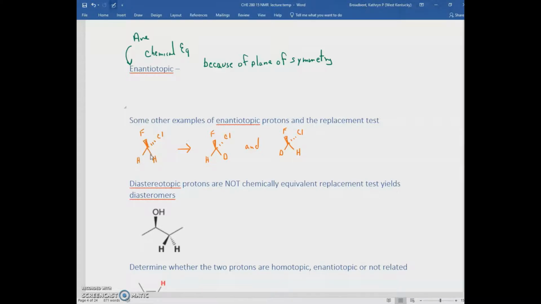And that's because we can draw a plane. There is a plane of symmetry here. They're not homotopic because you can't rotate one into the other, but these are enantiomers. They're reflectional. If you put a mirror here, you get a reflectional image.